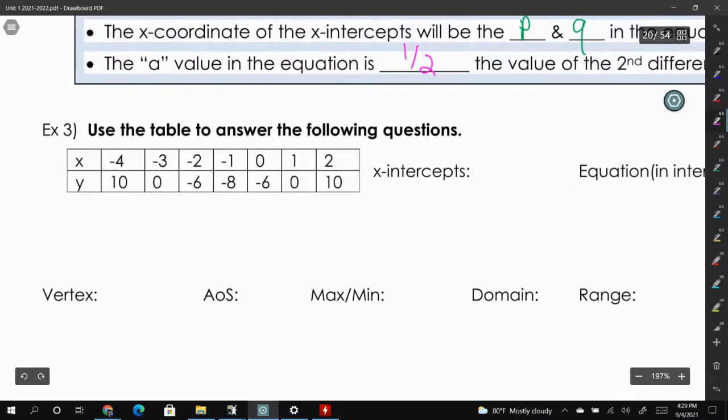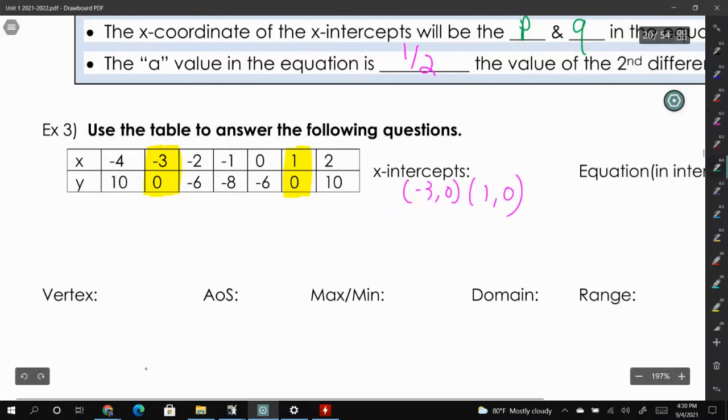So if we look at this table here in example number 3, here's one x-intercept, and here's the other one. This is the y-intercept, which we're not concerned with right now. So your two x-intercepts are negative 3, comma 0 and 1, comma 0.